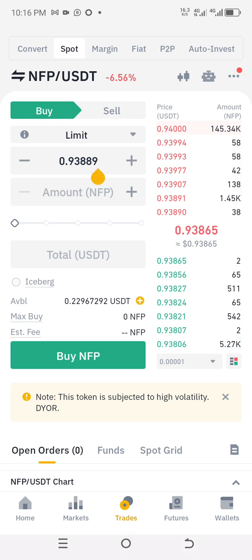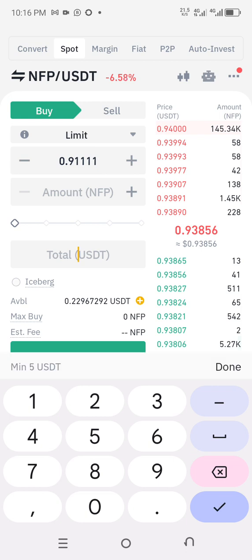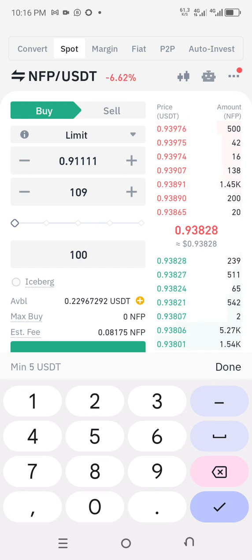Let's say now you come to this very volume, delete it and place it at maybe 0.911. Then come to this place and use your volume to buy. If you have 100 USDT or 1000 USDT, use it to buy, so that whenever this trade drops to 0.91111, your trade will be picked.